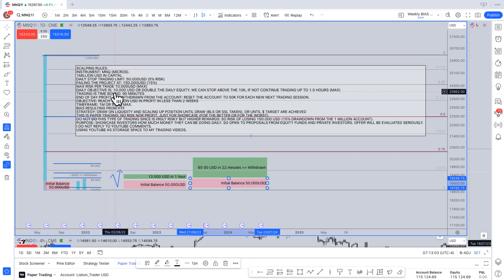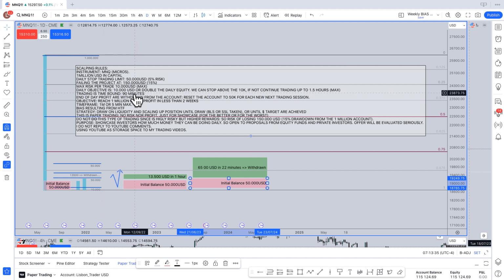Daily objective, we can stop trading after 10k or above and doubling the daily equity, and if it gets really animated we can even triple it, but this will depend on the swing. So we can stop above the 10k, if not continue trading up to 1.5 hours, so 90 minutes trading time bound.